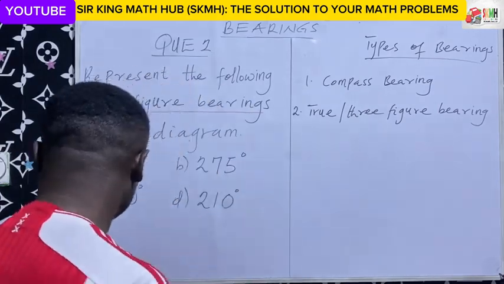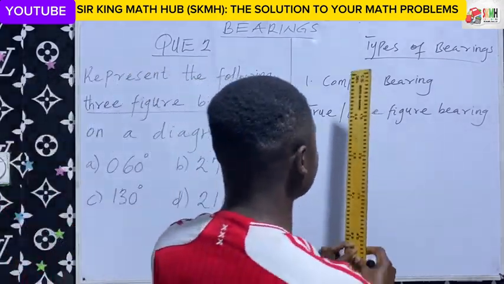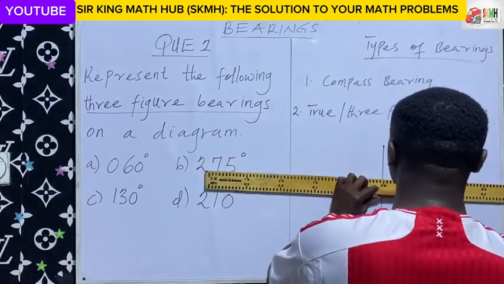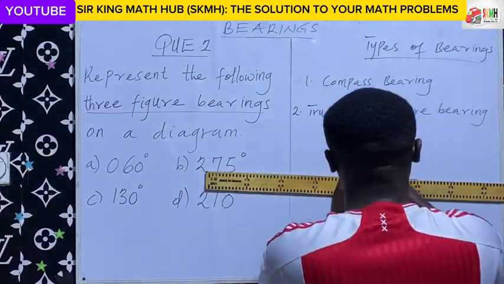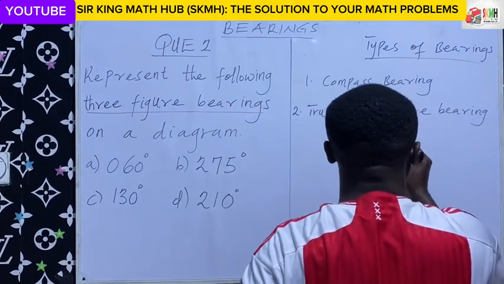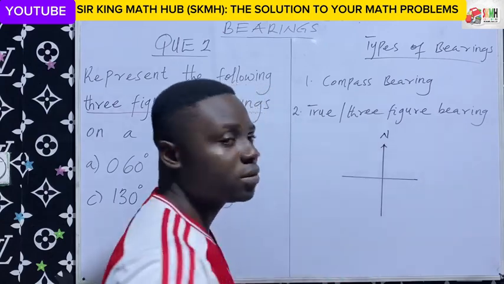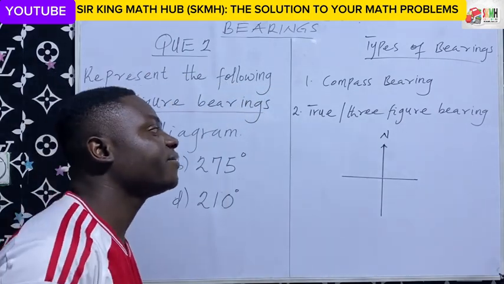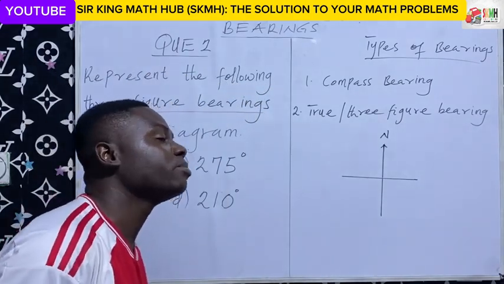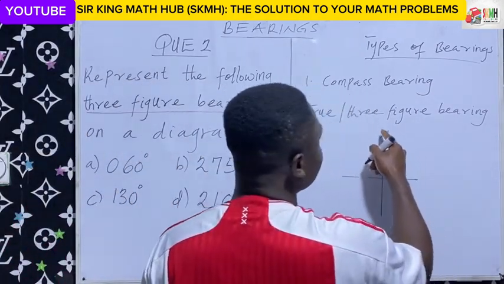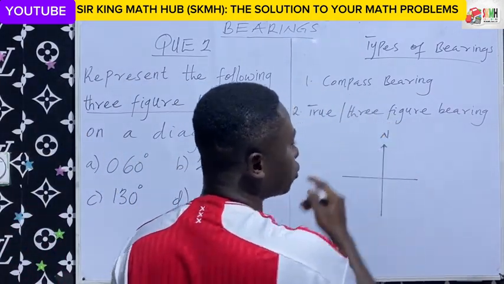And again, in 3 figure bearing, also take note. So this is our compass, so definitely here will be our north. For 3 figure bearing or true bearing, angles are read from the geographical north. So this is the geographical north.